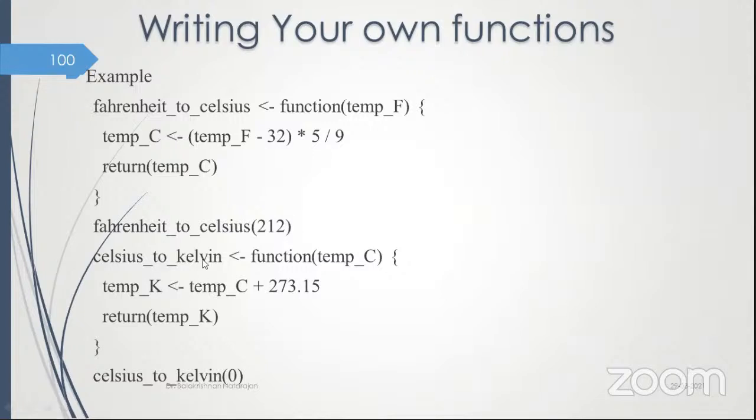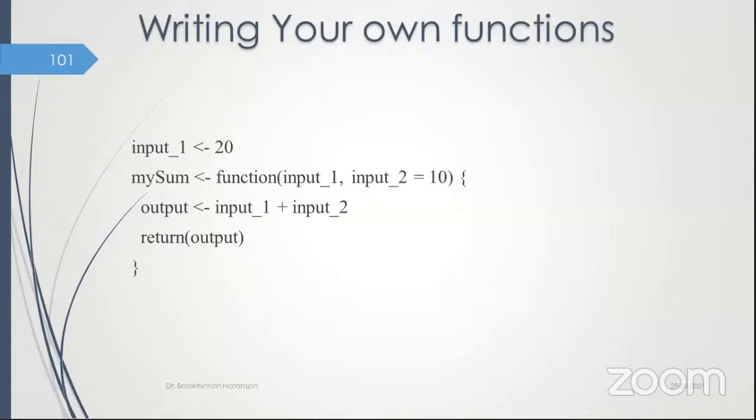Similarly, you can construct a function for Celsius to Kelvin. And another function to sum up the data takes two inputs, where one input is predetermined, which will be 10, and another one you're going to give, and you sum them up and that will be returned.